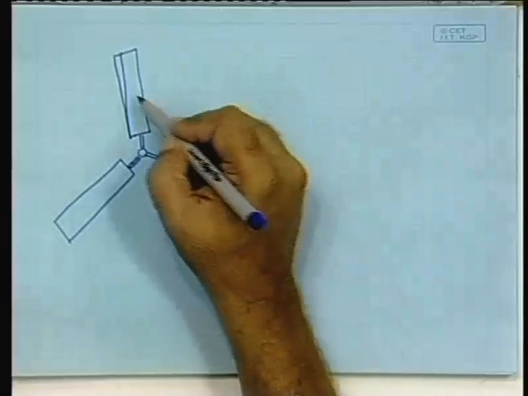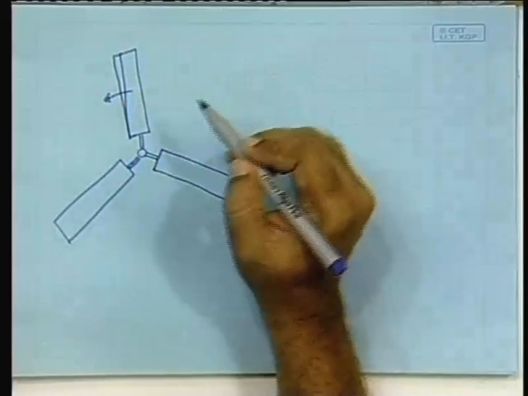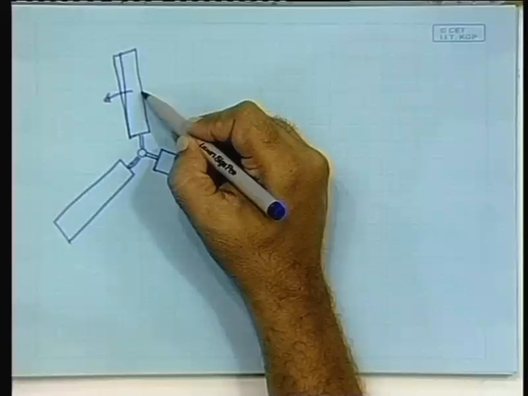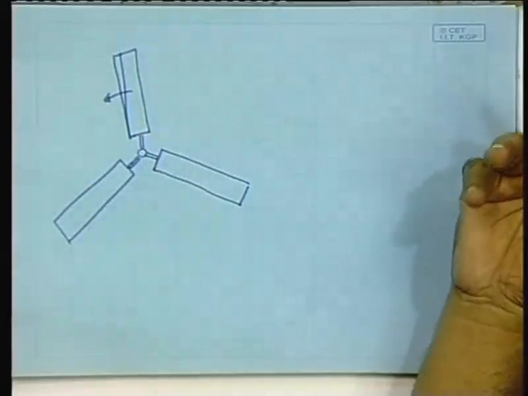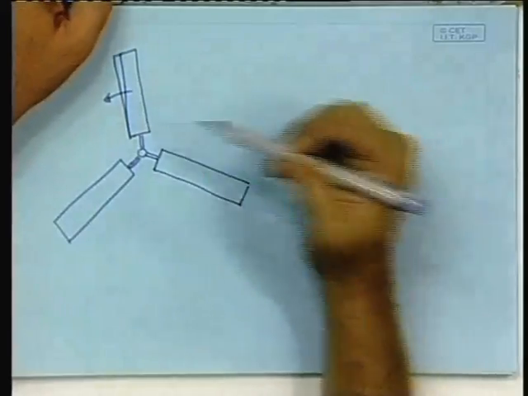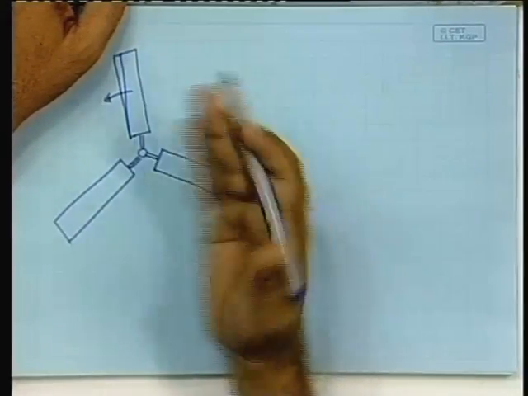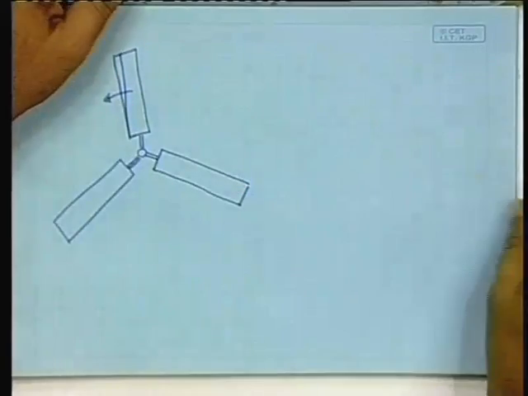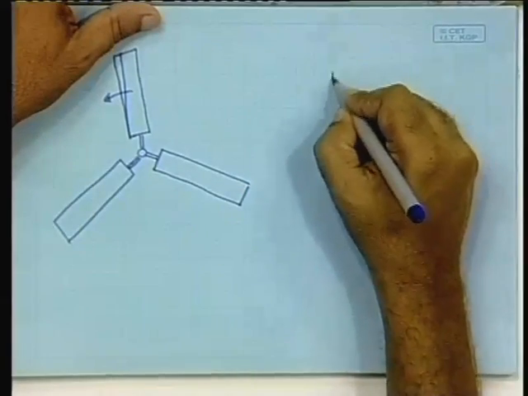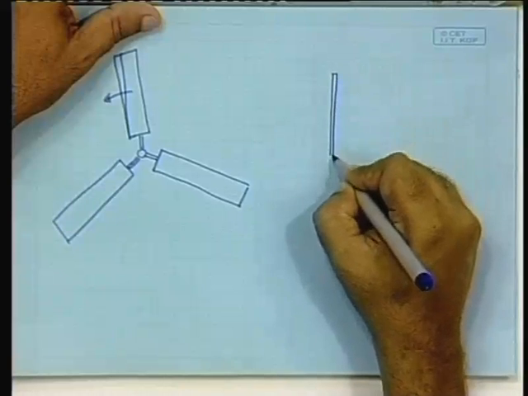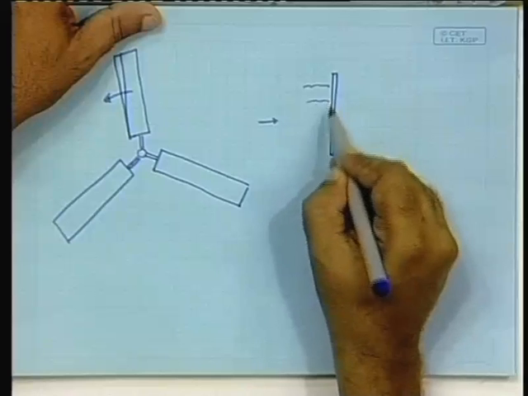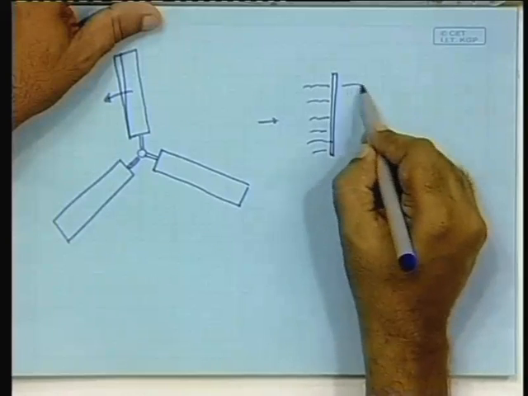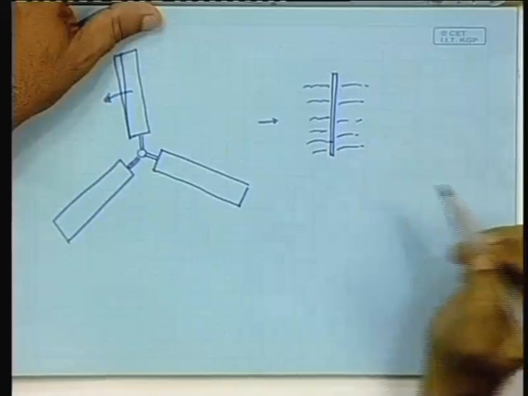Then as this blade passes, there will be some disturbed wind, because as it passes the wind will not remain as it was without the hindrance of the blade. If you look at it from the angle in the plane, you would see something like this: if this is the blade and wind is passing like this, then there would be a distance in front where there will be some disturbed wind, and a distance in the rear where there will be some disturbed wind.